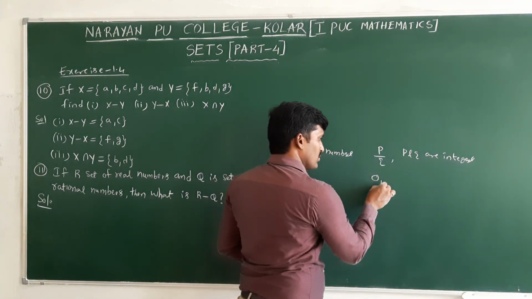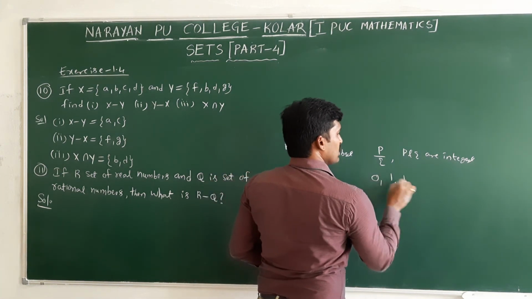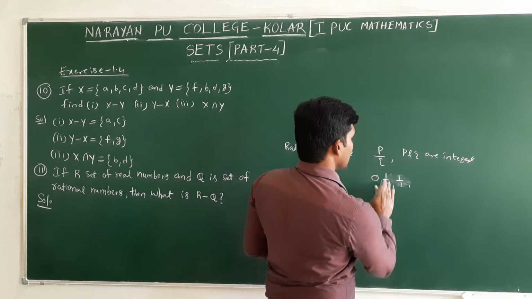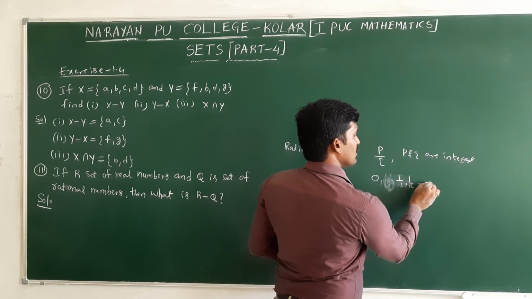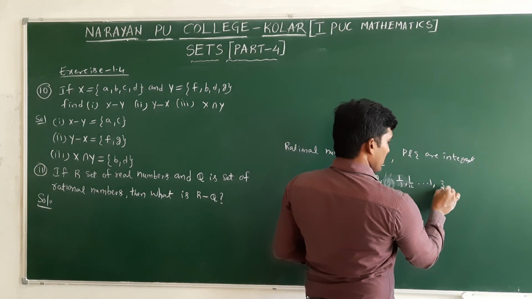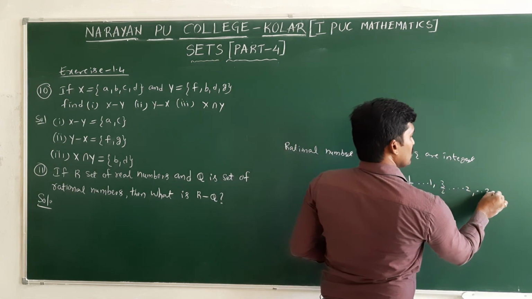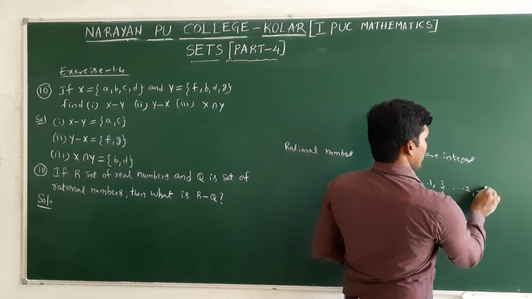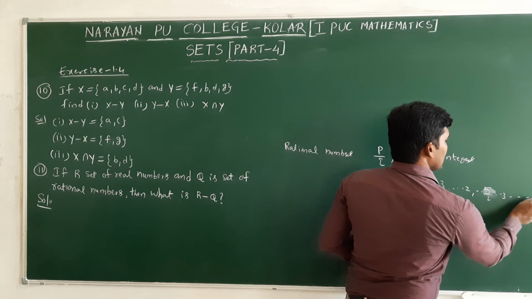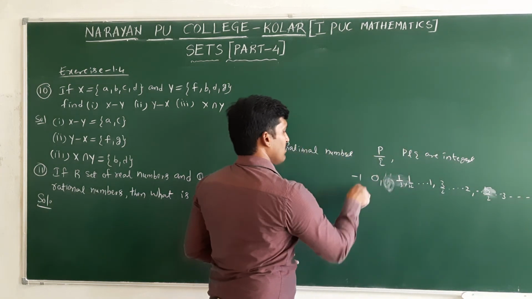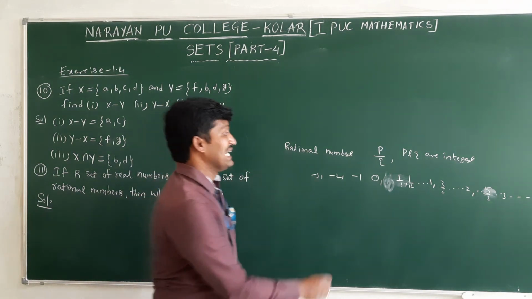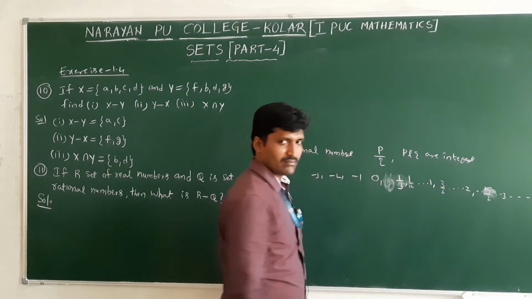That means 0, 1, 1 by 2, 1 by 3, 3 by 2, 5 by 2, like that. On the negative side also, minus 1, minus 2, minus 3. These are rational numbers.